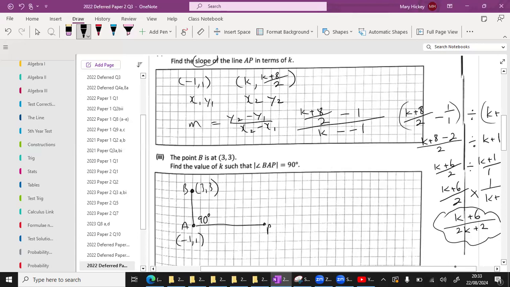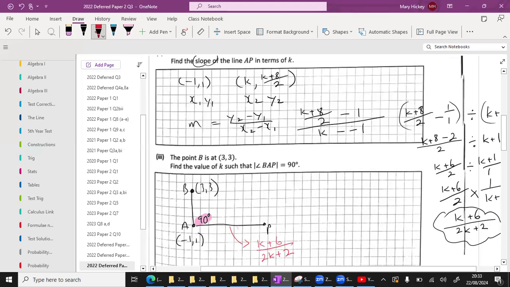So now we're trying to find the value of k. Now, because I know that they intersect at 90, hopefully you'd agree that perpendicular lines, which is what these are, should have slopes that are opposite in every way. In other words, opposite in sign and inverted. So let's remind ourselves that we do know the slope of AP. We've just found out what it is, (k plus 6) over (2k plus 2).